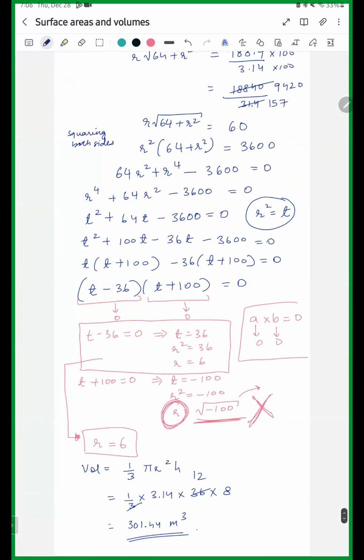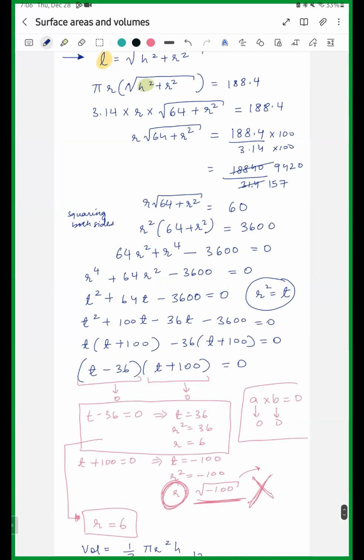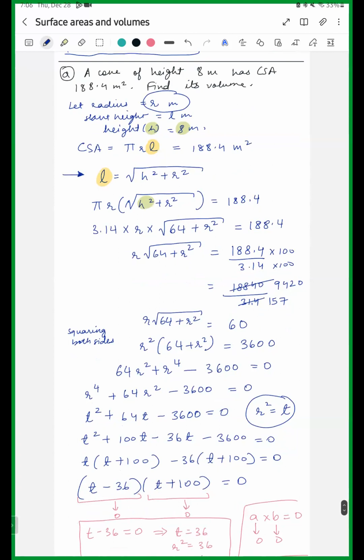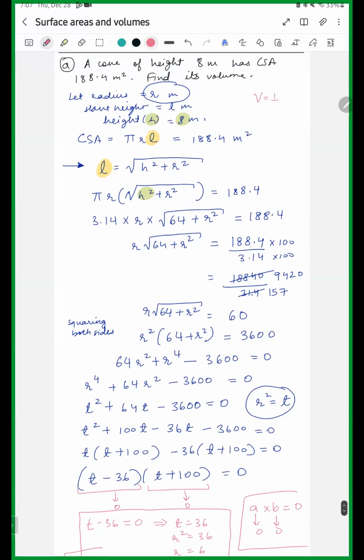Let's summarize this from the top. Okay, see, a cone of height this has curved surface area this. You have to find the volume, but we know that volume is equal to 1 by 3 pi r square h.